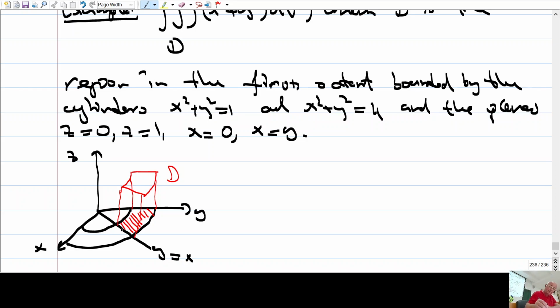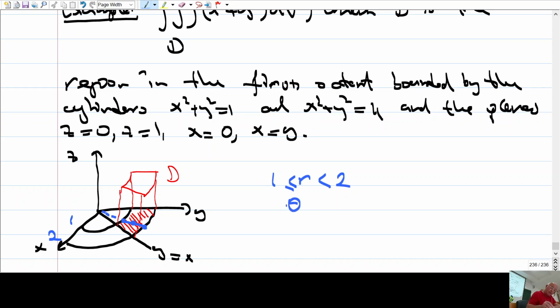But maybe before z, what is r? r is ranging between, so if you choose a point here, if you choose a point here, r coordinate ranges from this point up to this point. So r is ranging between 1 and 2, right? This is radius 1, this is radius 2.